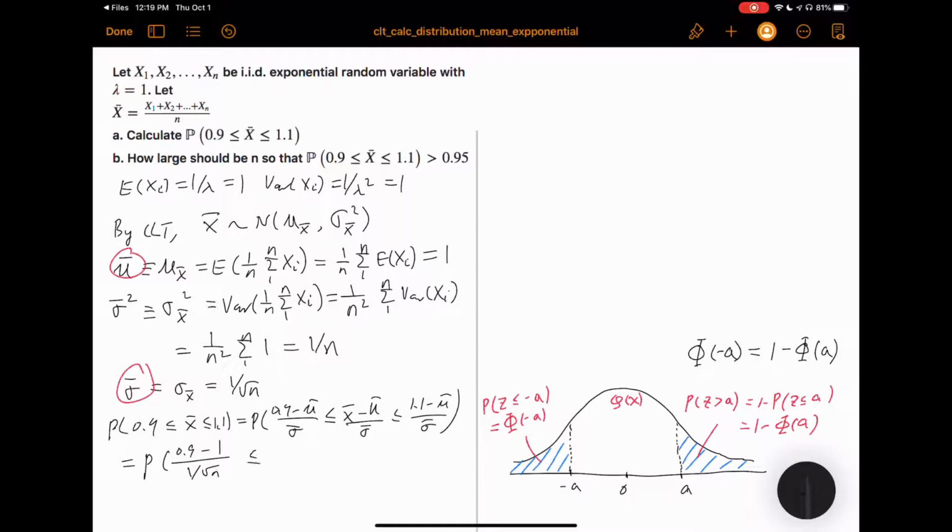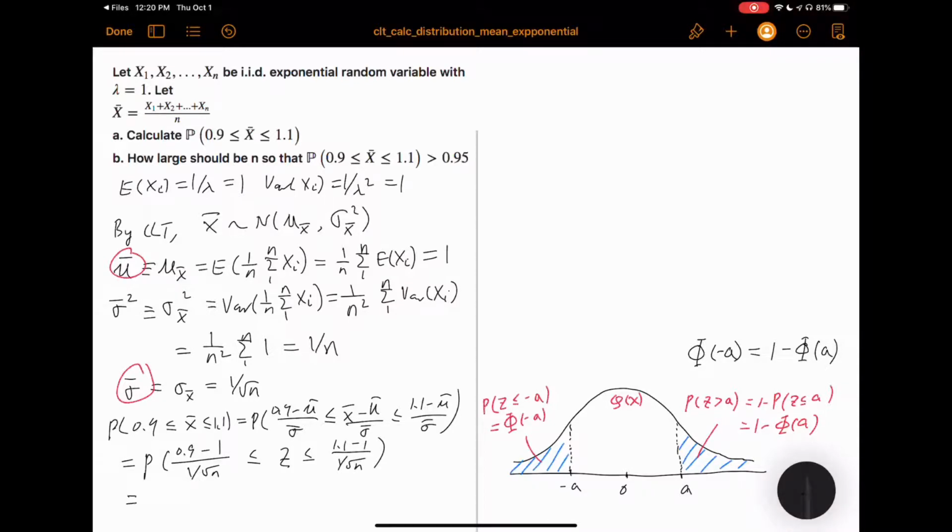X bar is roughly a normal distribution with mean mu bar and standard deviation sigma bar. So this whole middle item is a standard normal distribution, which we call Z, and this is less than 1.1 minus 1 divided by 1 over square root of n.